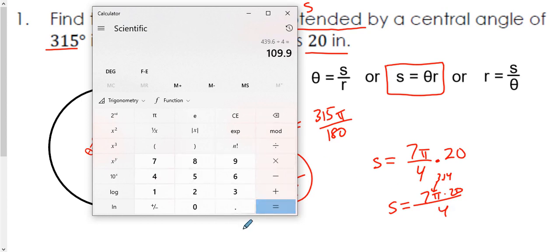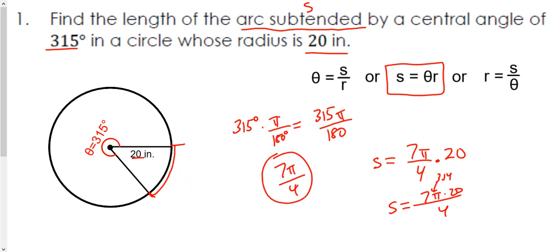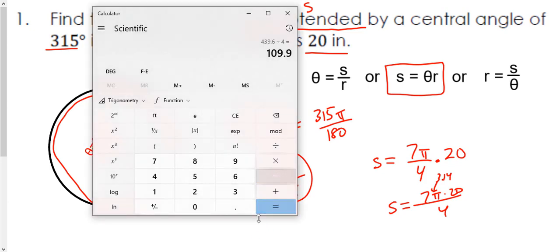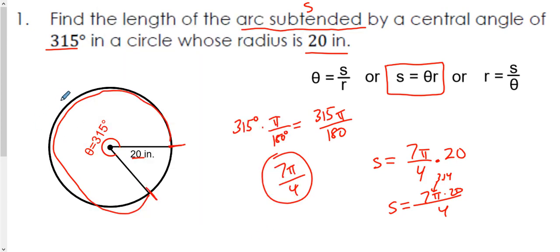And we get 109.9. And oops, sorry, I mismarked this before. We're actually going this way, starting here and working all the way around the circle back to here. I know that's sloppy. Who cares? So we end up with 109.9 inches or so, or about 110 inches. So that's how that works.